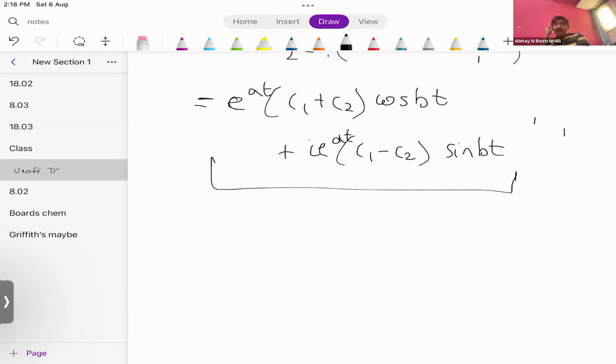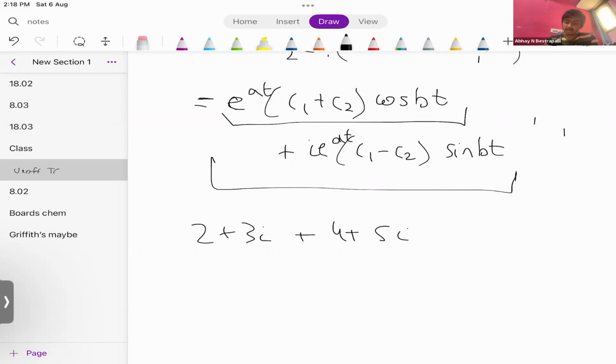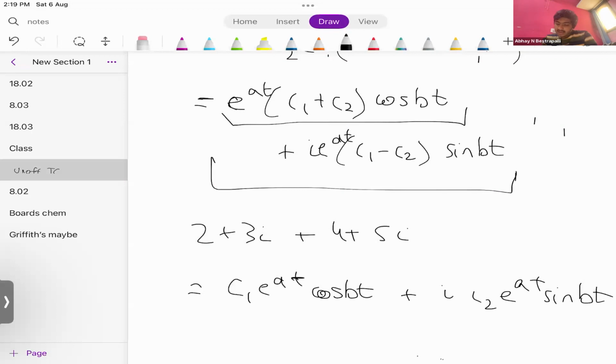Like if you add 2 plus 3i and 4 plus 5i, the 2 and the 4 add and the 3 and the 5 add, but they can never interact. In the same way, here you can write the solution as C1 e^(at) cos bt plus i C2 e^(at) sin bt. Let's hold these different for now.